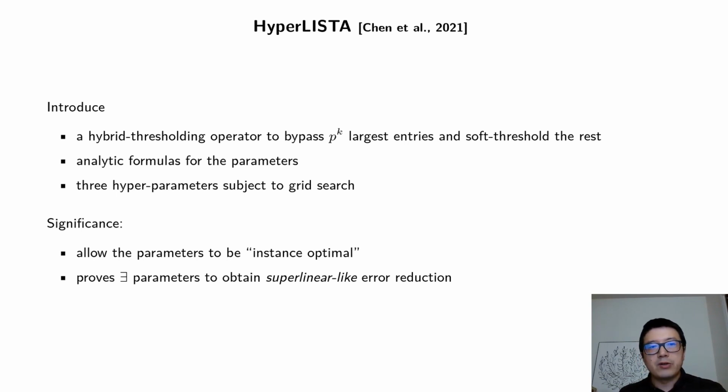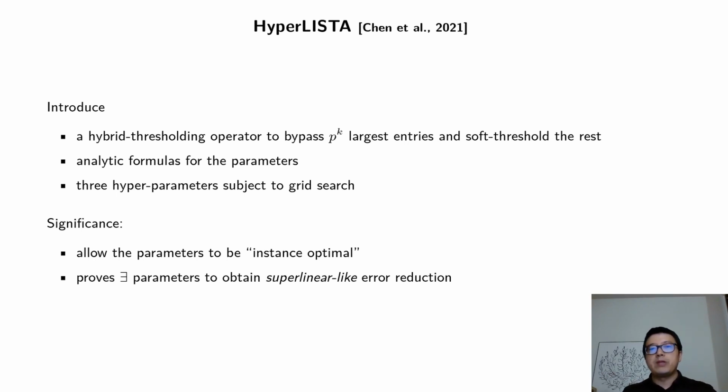Now, these formulas are going to adapt to the signal, adapt to xk, as you will see. Therefore, you can call them nearly instance optimal. And by going instance optimal, rather than one set of parameters for all sparse signals, you can do better than linear convergence.